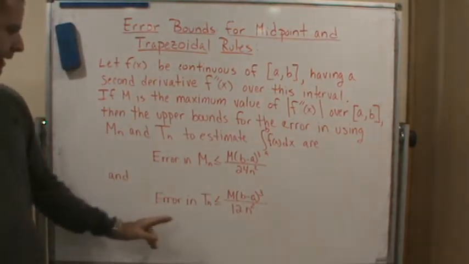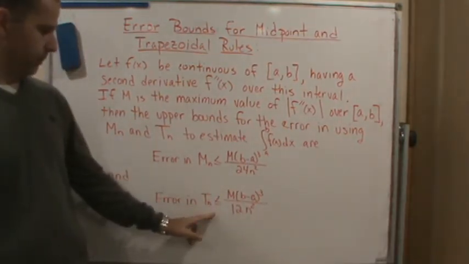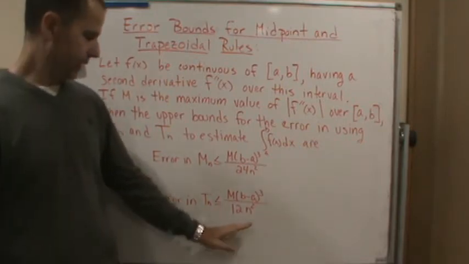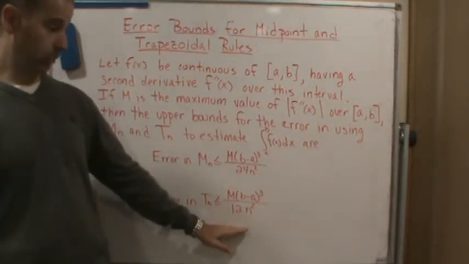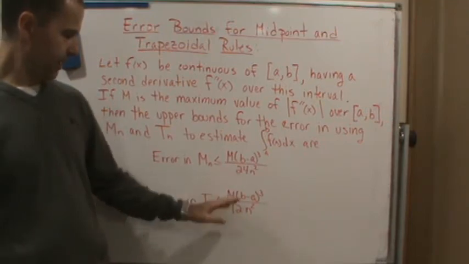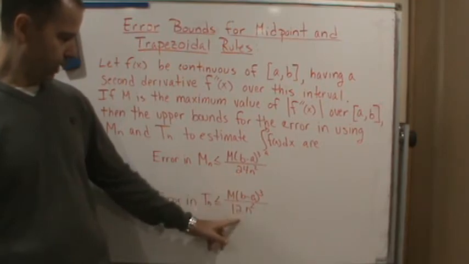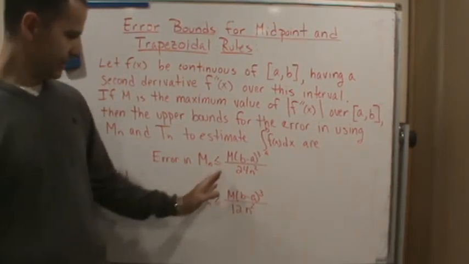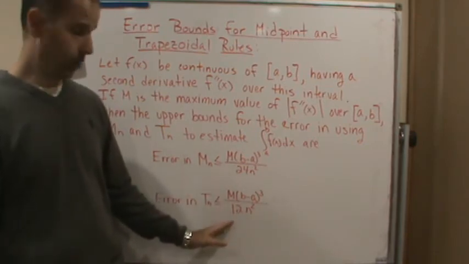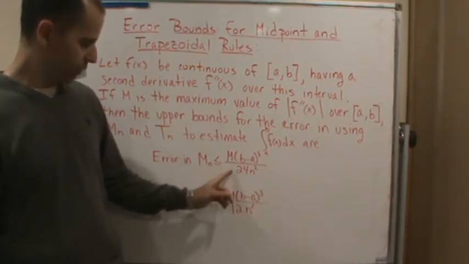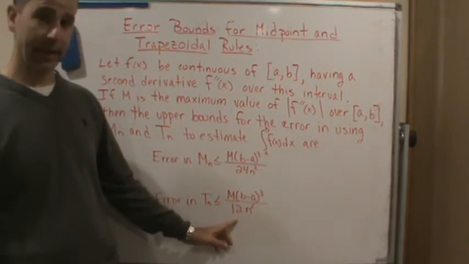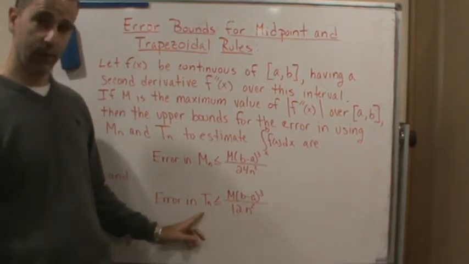Now, the error in using the trapezoidal method is double. It's the same thing, but it's usually double. You notice it goes from 24 to 12. So the maximum error in this case is effectively double, because now instead of dividing by 24, you're dividing by half as much, which means your error bound is going to be double.